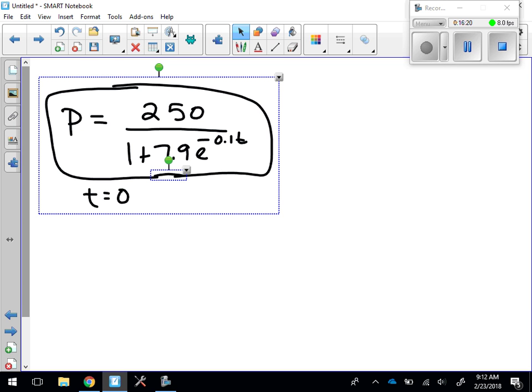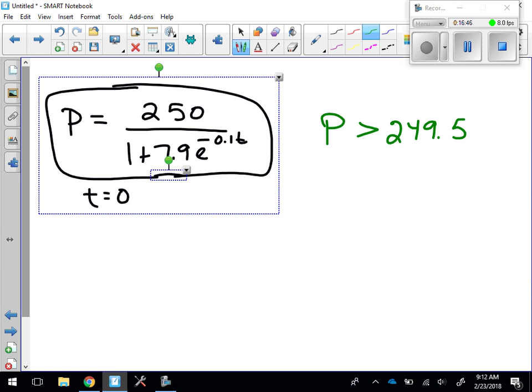But what I can do is play with the math. If I let P be anything bigger than 249.5, that's going to round to 250 gorillas because I can't have half of a gorilla.